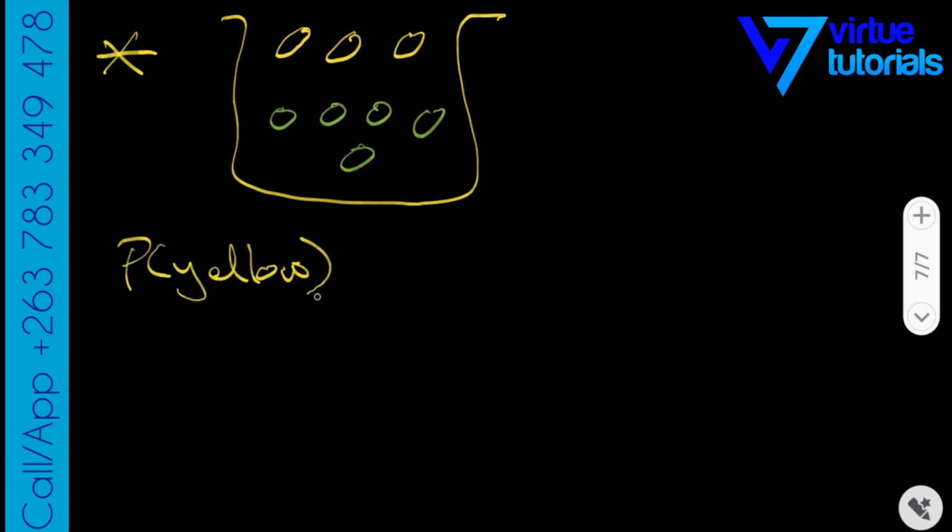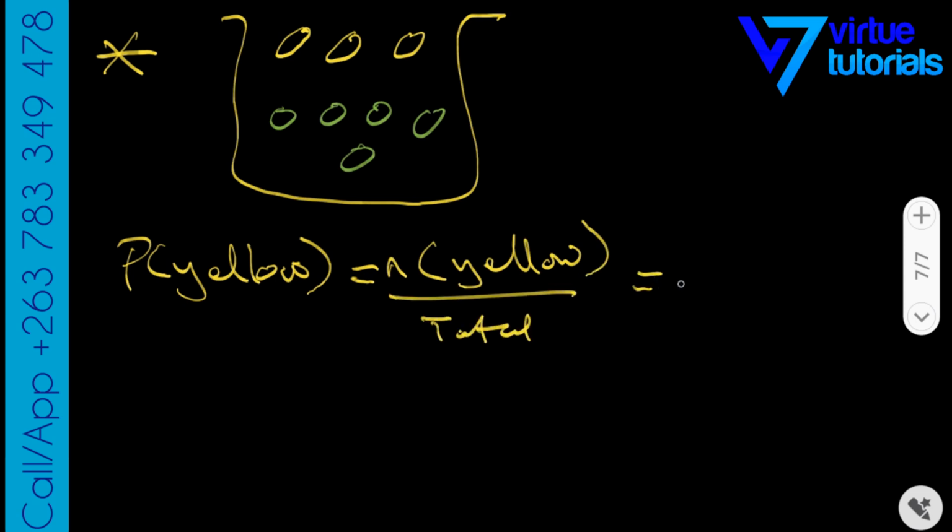If someone is picking a sweet from there without looking, what are the chances that the sweet they pick is going to be yellow? It's going to be the number of yellow sweets over the total number of sweets. How many yellow sweets are there? There are 3 yellow sweets out of 8 sweets.